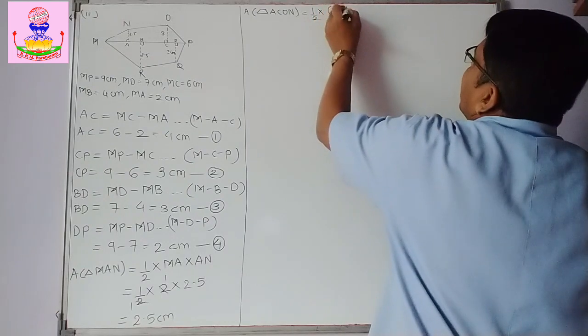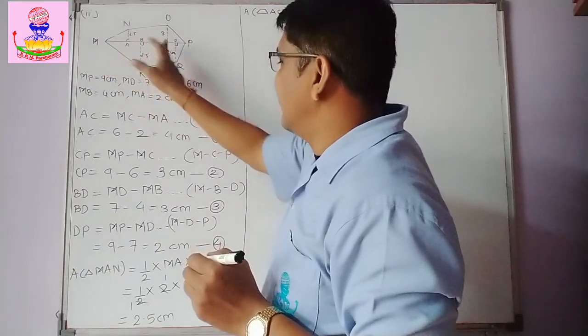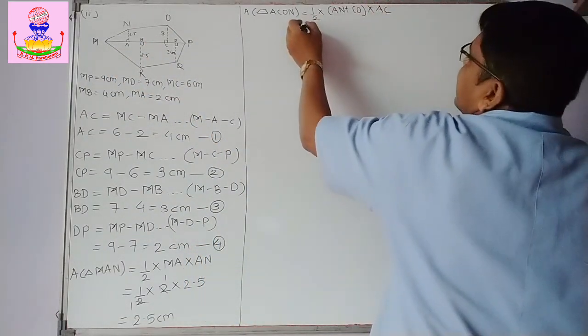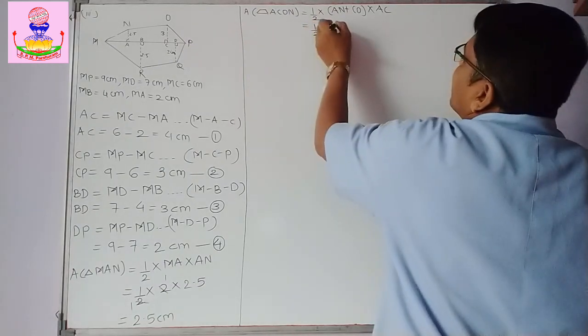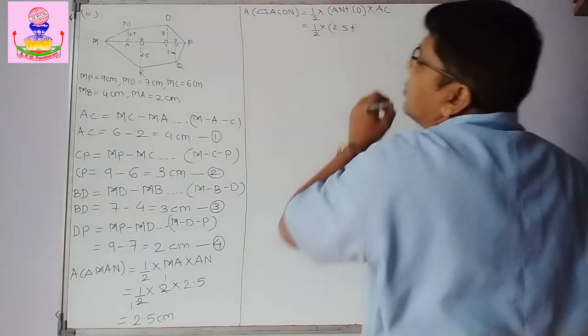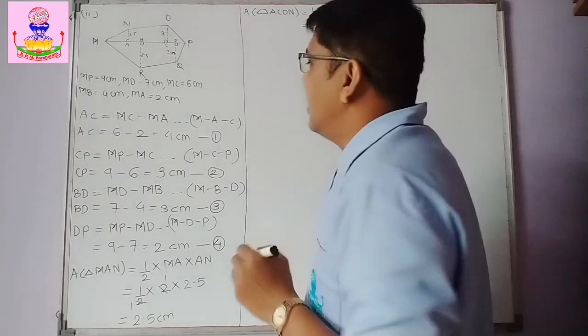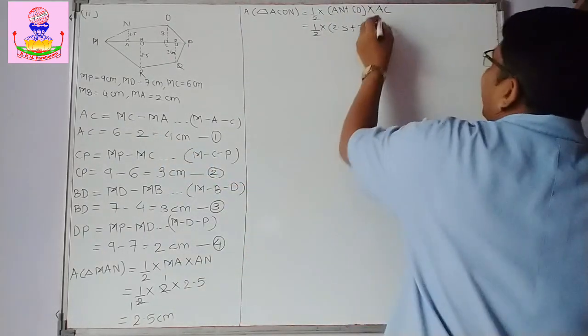So, AN plus CO into, what is the height? AC is the height. Into AC. Now, that is equivalent to half into length of AN 2.5, length of CO 3. And what is the length of AC? We have determined here 4 centimeters.